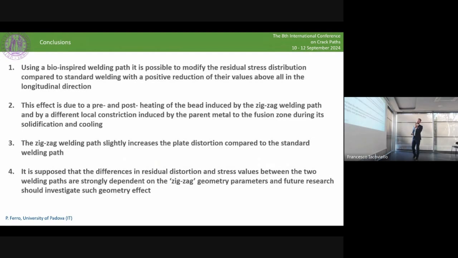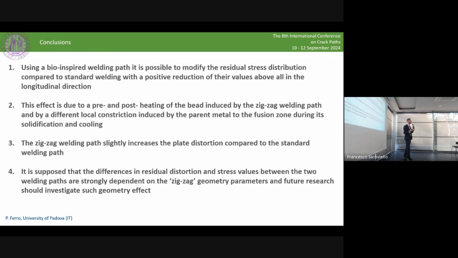So, for the conclusion, we can say that using a bio-inspired welding path, we can modify the distribution of residual stresses. In this case, in a positive way, in the sense that we can reduce the mean values of residual stress, above all in the longitudinal direction, that is the component of the residual stress that is in general predominant in butt welding.